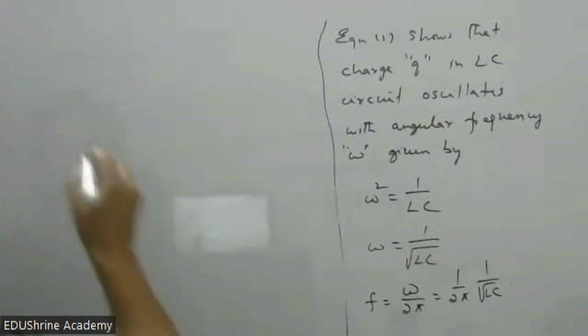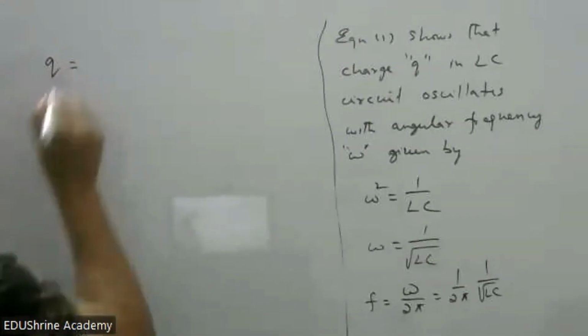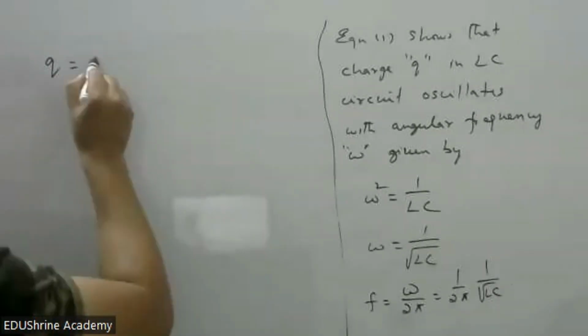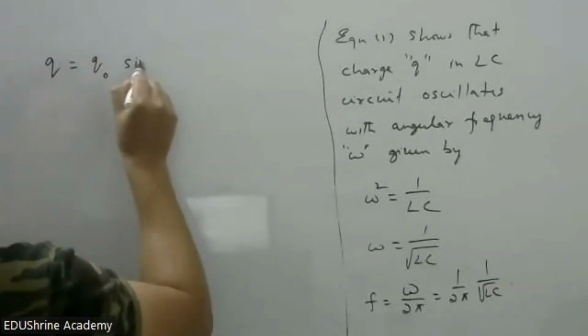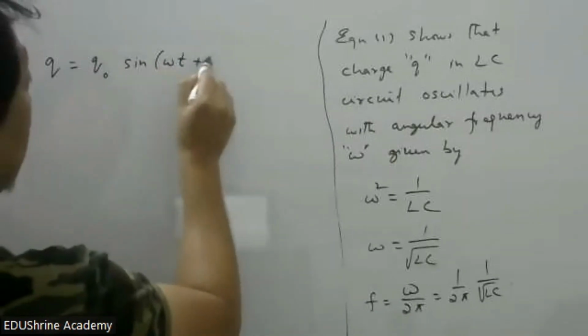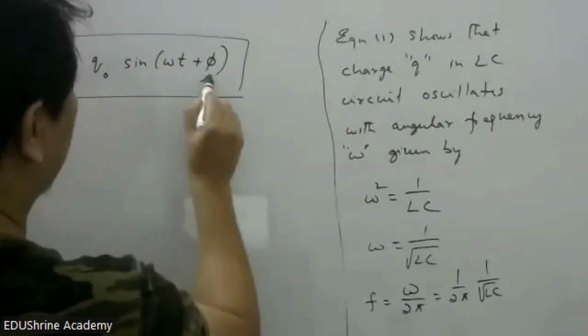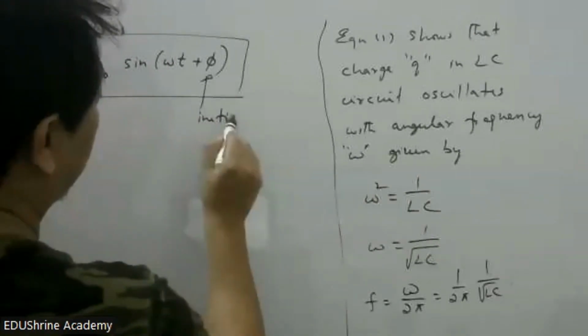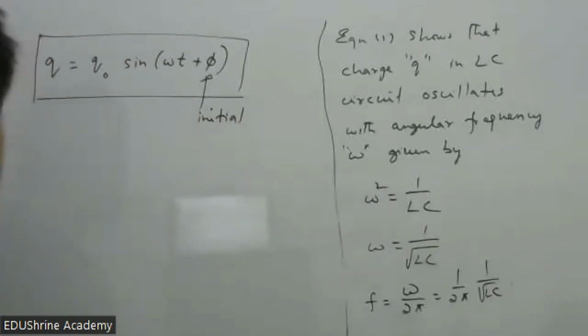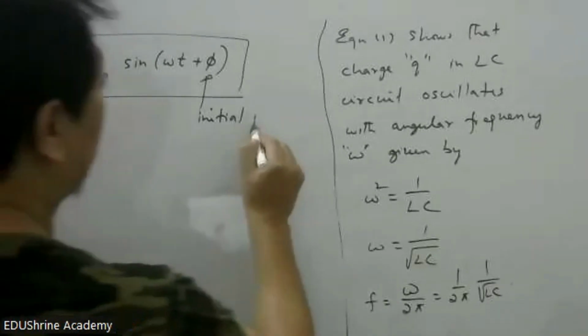So if somebody asks you the formula for charge, how will you write? Q naught sine omega t plus phi. This phi is called initial phase. It is also called epoch in the SHM chapter.